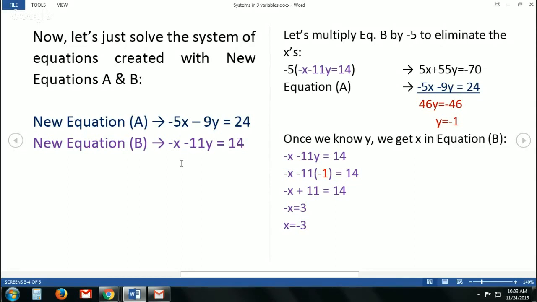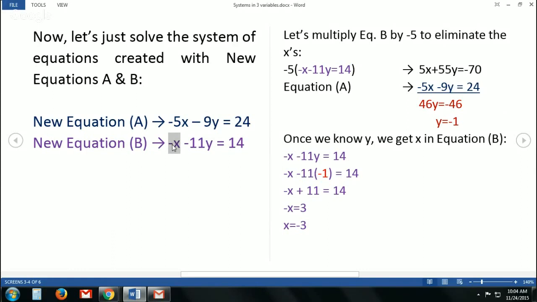If you wanted to solve this system of equations, it's only got two variables. So we can do this with the elimination method by creating opposites on one of the variables. Looks like it would be pretty easy to create an opposite here with the x's because of this being a negative 1 coefficient.